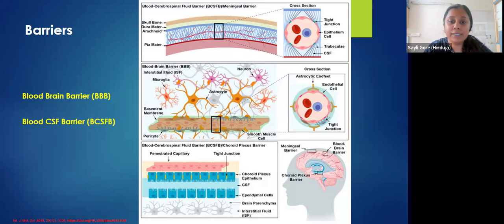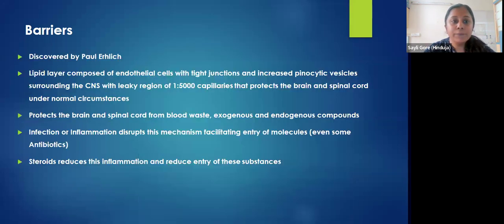So there are two barriers: one is the blood-CSF barrier, and one is the blood and interstitial space barrier. These two are important to understand because very, very few antibiotics penetrate these two barriers, and it is all dependent on molecular size. We'll go into it ahead.